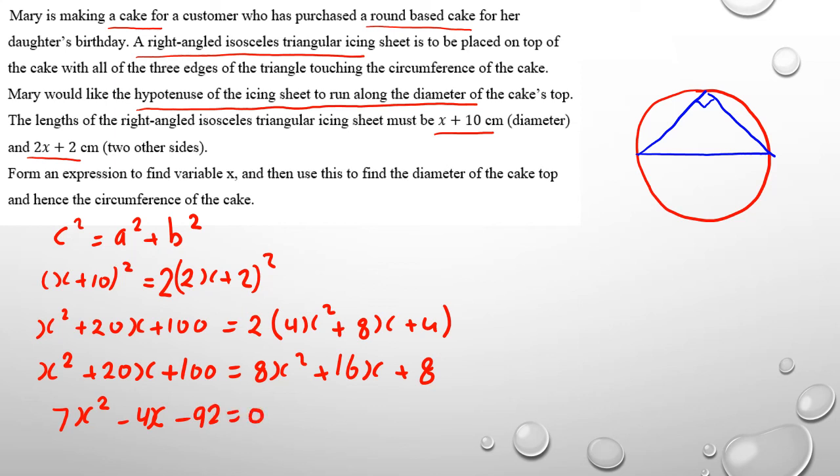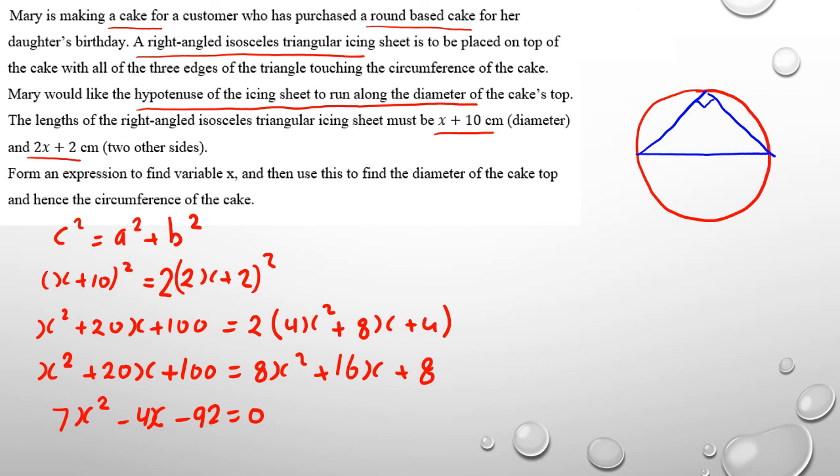equals 0. Now solving it, that's using a graphic calculator. So I'll end up with 2 solutions. Just use a graphic calculator. Remember yesterday, in the previous questions we said you go to menu, equations, and then press polynomial, which is F2, and then go to the degree of 2, and then enter A as 7, B as -4, and C as -92.